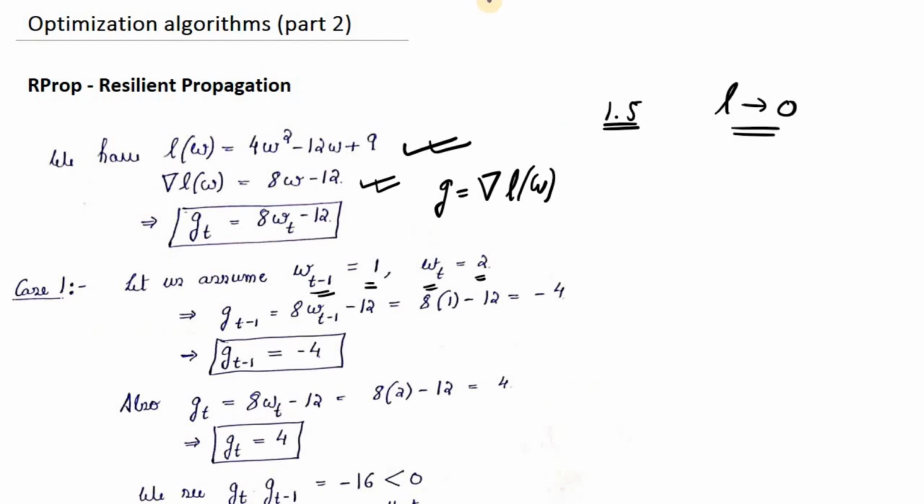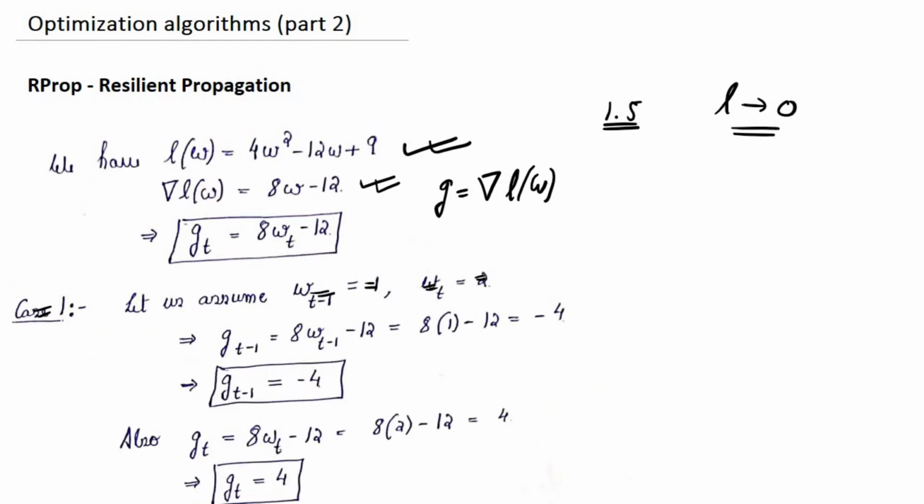Now let's consider case one. We calculate g(t minus 1) because w(t minus 1) was 1. On doing so, we get 8 into 1, the w(t minus 1) value, minus 12, which is minus 4. The g(t minus 1) is minus 4.